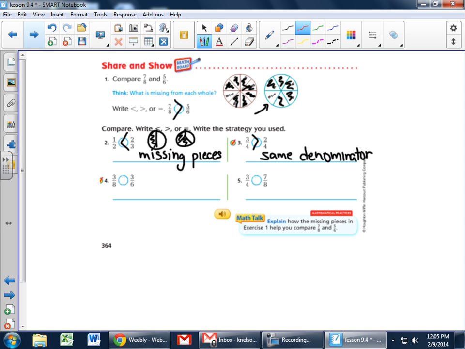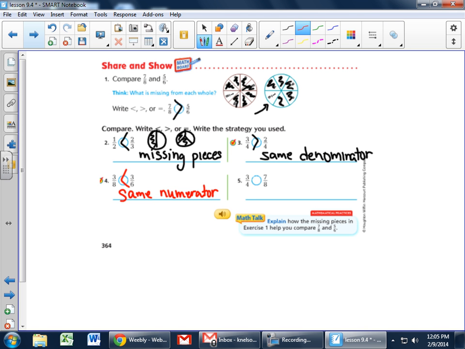Number 4, you should be looking at the numerator because they are both the same. Okay, looking at number 4, we're going to look at the same numerator, 3/8 and 3/6. The numerators are both 3, so I'm going to look at my denominators of 8 and 6. And since 6 is smaller, they're going to be bigger pieces.